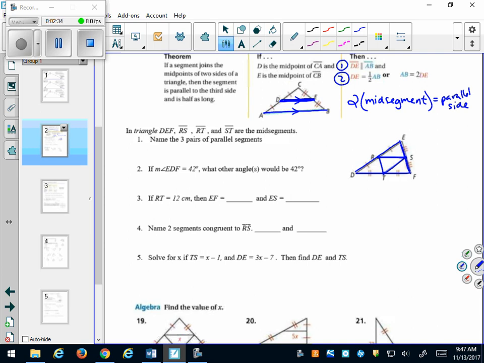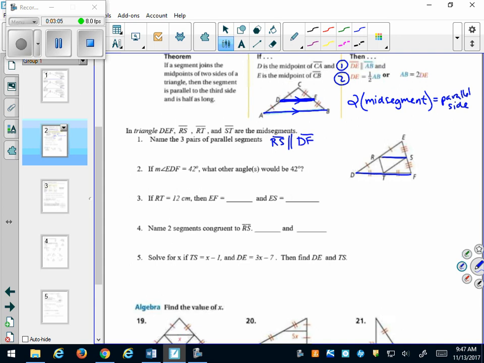So if we look at these questions here, name the 3 pairs of parallel segments. So every midsegment, remember, is parallel to the side that it's not touching. So in this diagram, midsegment RS is parallel to DF.